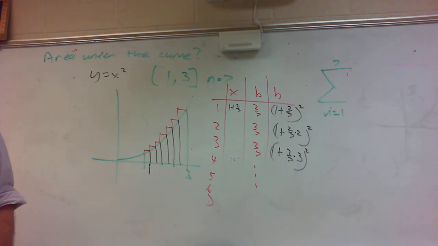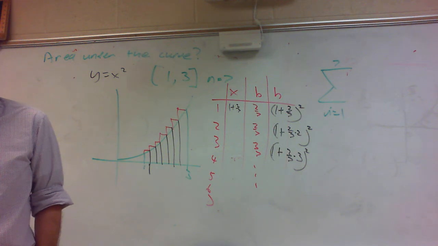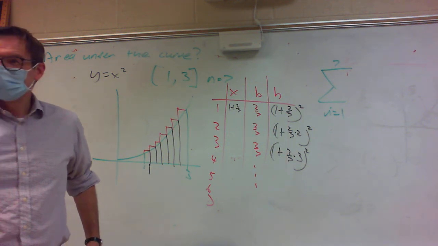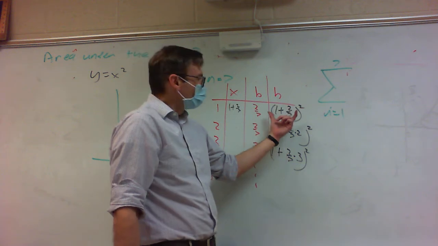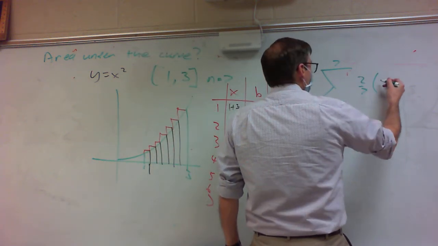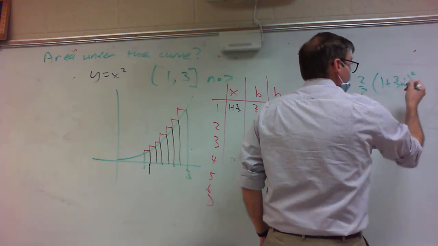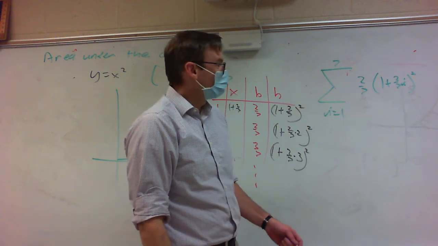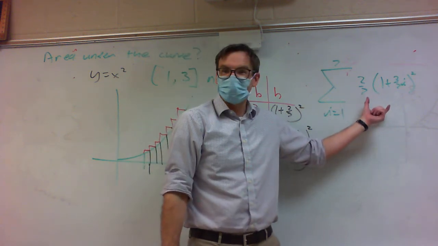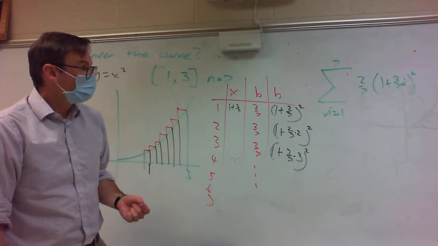Do you notice anything? What do you notice? It's that first question I did in class. Do you see it? When you write this, you've got a base, which is 2/7. Your height is 1 plus 2/7 i squared, isn't it? And that was the exact same thing that we had at the beginning of class.